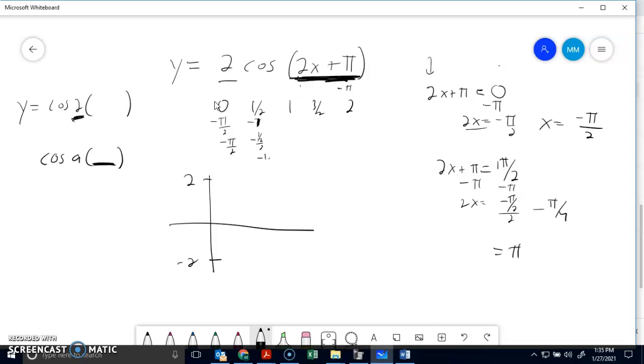Divided by 2 is negative 1/4, so it's negative pi over 4. 1 minus 1 is 0, so pi minus pi is 0, divided by 2 is 0. 3/2 minus 1 pi is 1/2 pi, or pi over 2. And then divide that by 2 gives me pi over 4. You can see what's happening. I'm going by fourths. Negative 1/2, negative 1/4, 0, positive 1/4, and this is going to be positive 1/2. So what I have is negative pi over 2, negative pi over 4, 0, pi over 4, and pi over 2.